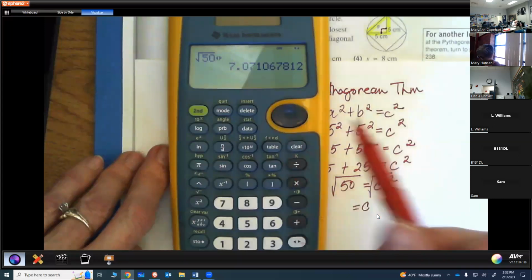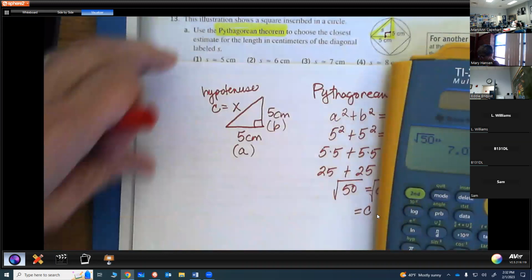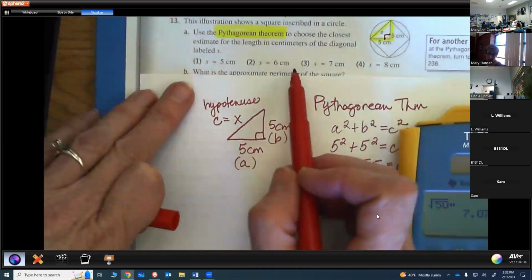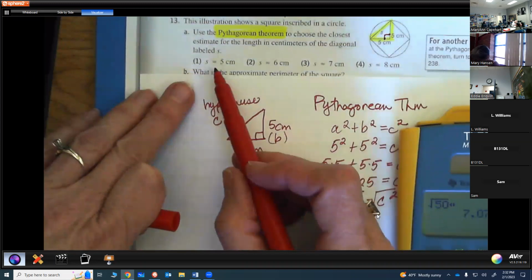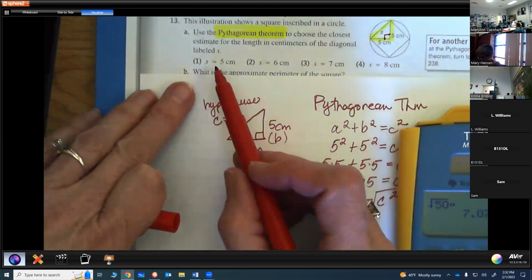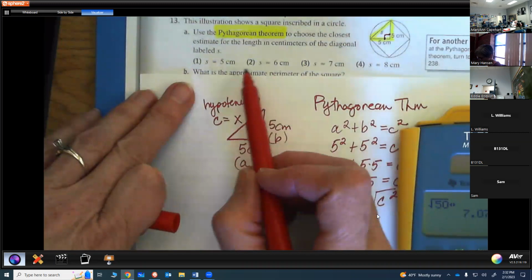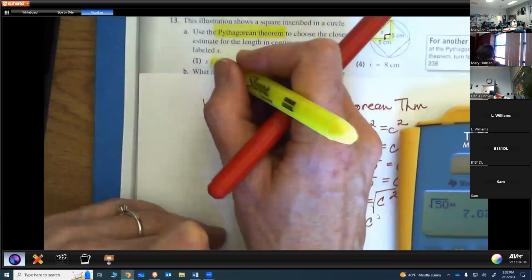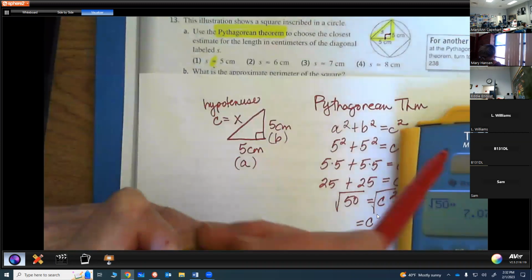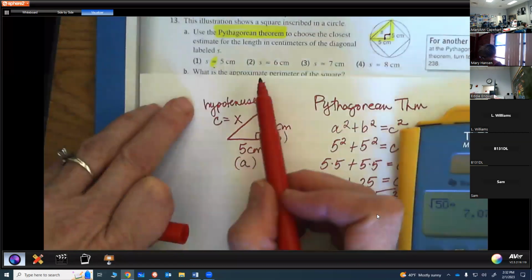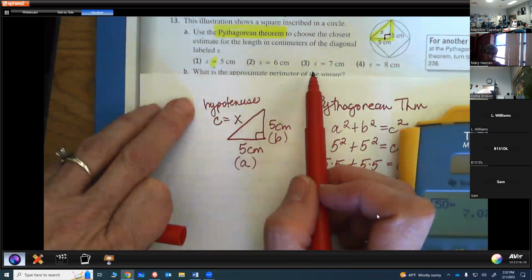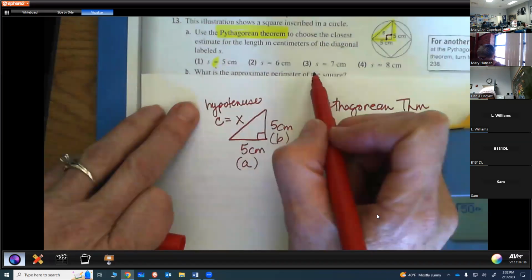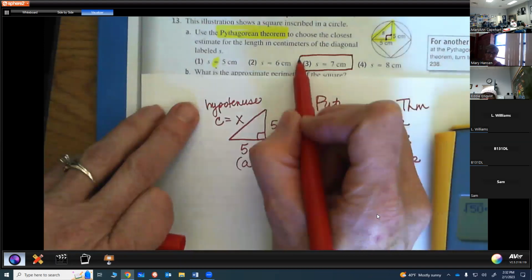And if we look at our answer choices, this one's a multiple choice, and it says S is approximately equal to 5. See how the equal signs are kind of wavy? That means approximately. So 1 says S is approximately 5, 2 says S is approximately 6, and 3 says S is approximately 7. That would be the best answer.